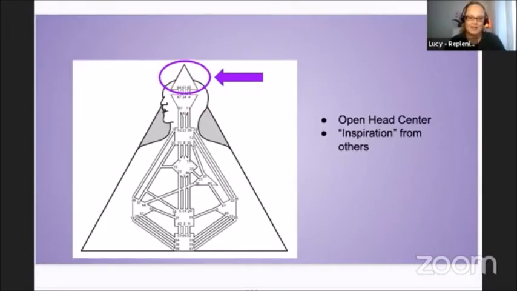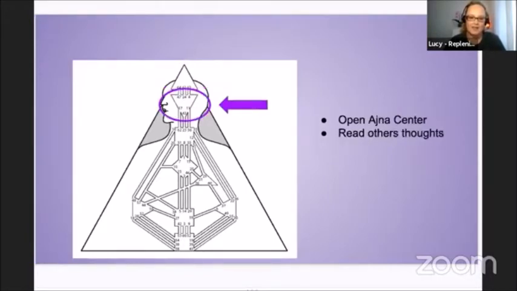So the next center that we focus on is the undefined Ajna center. That's the second triangle underneath the head. When this center is undefined, you're able to take in and read intuitive information in the form of others' thoughts. So here's a quick story for you. I have both an open head and an open Ajna.